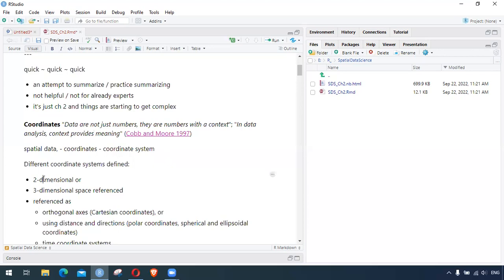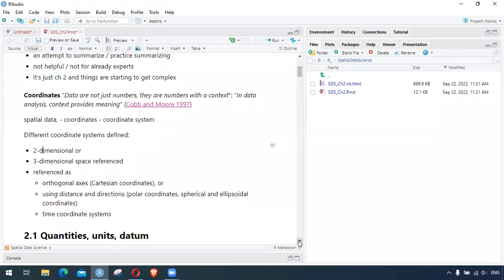Some of them might be two-dimensional and others might be three-dimensional. They are referenced, or represented, in orthogonal axes or by using distance and directions. And there can also be time coordinate systems. So this is the very first thing the chapter tries to tell.